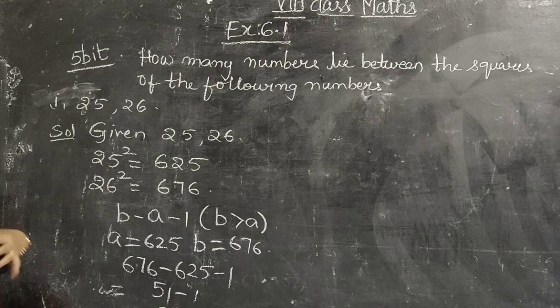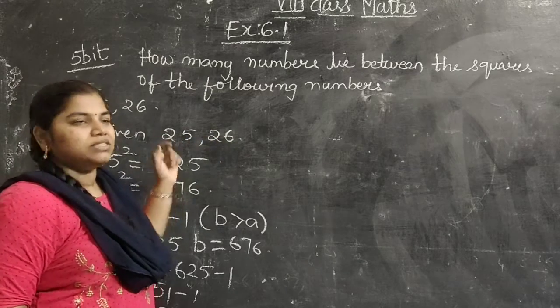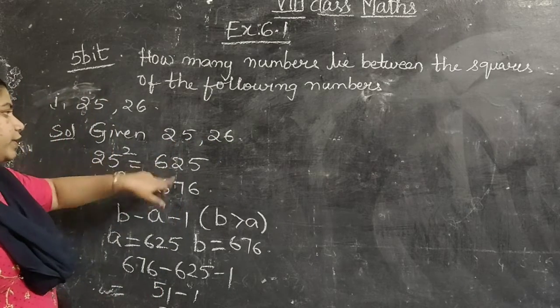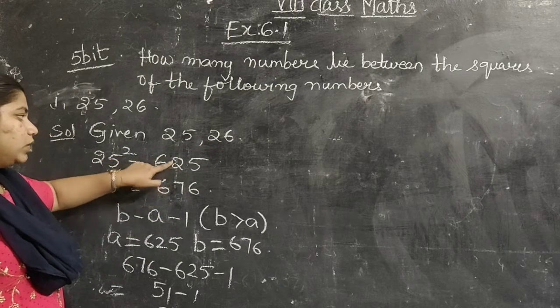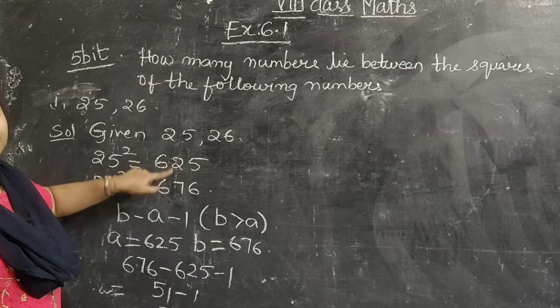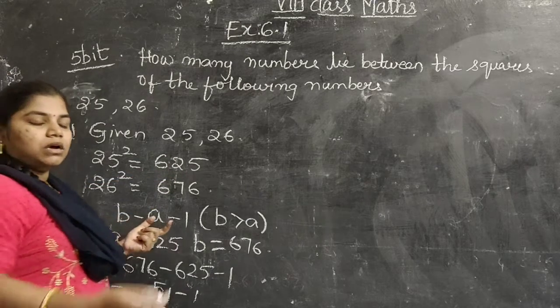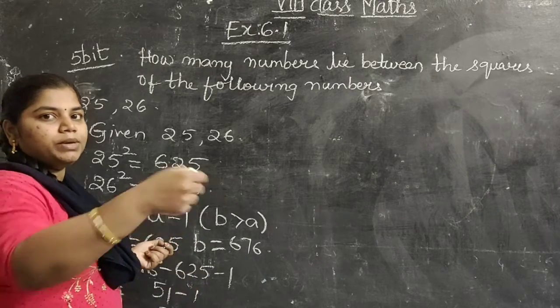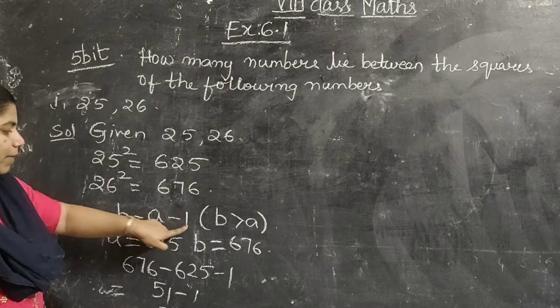So what we have to do first, we have to find the square values of 25 and 26. 25 square is 625, 26 square is 676. So between these two numbers, how many numbers are lying, we have to find. So in smaller classes already you have learned. For finding the between values, we will be applying one formula. What is that? B minus a minus 1.